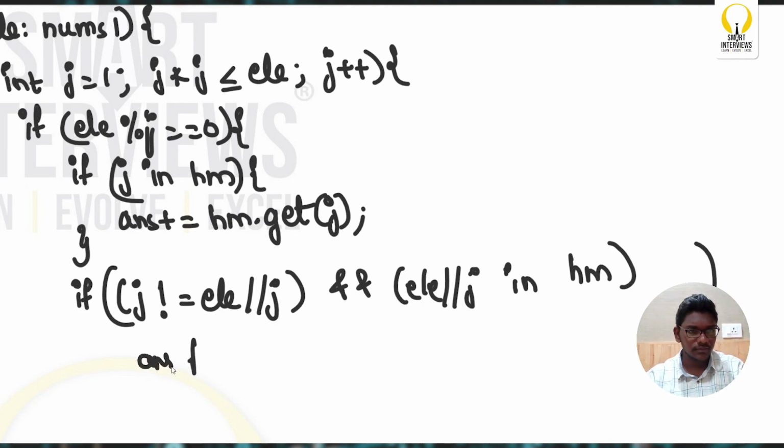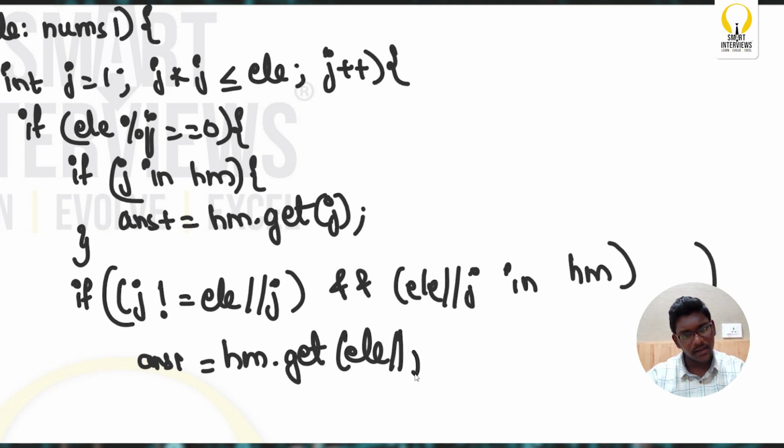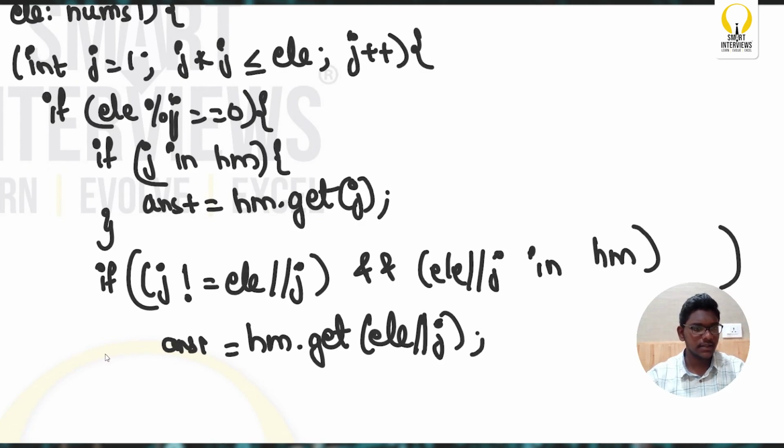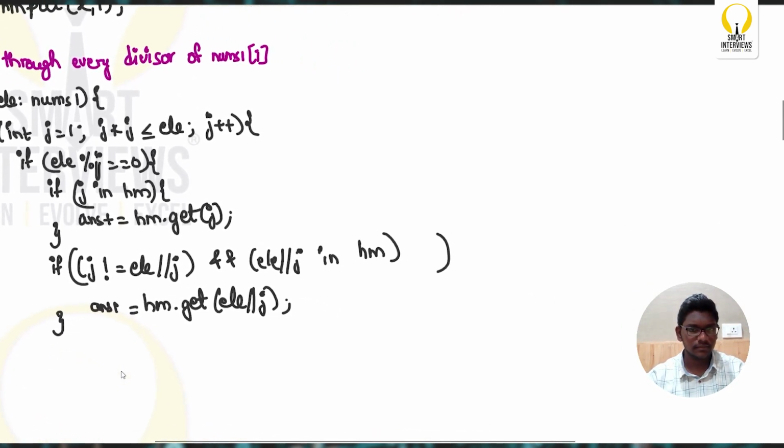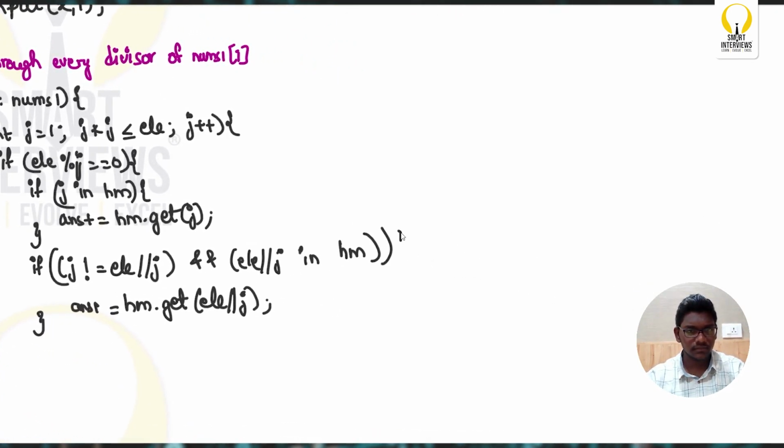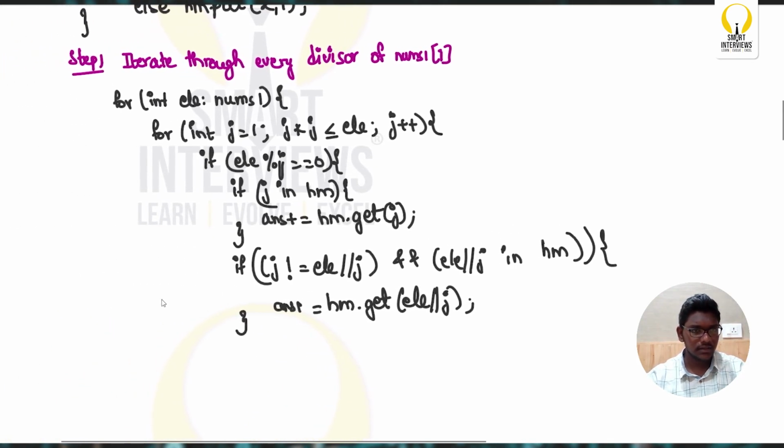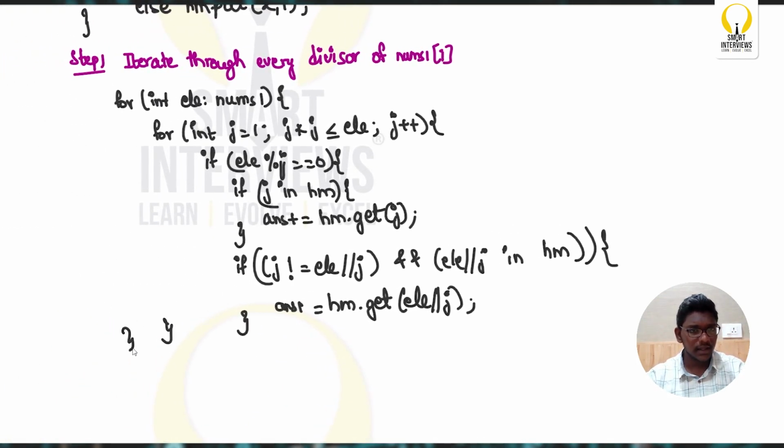Answer plus equal to hm of element by j. That's it. And then you'll just return the answer.